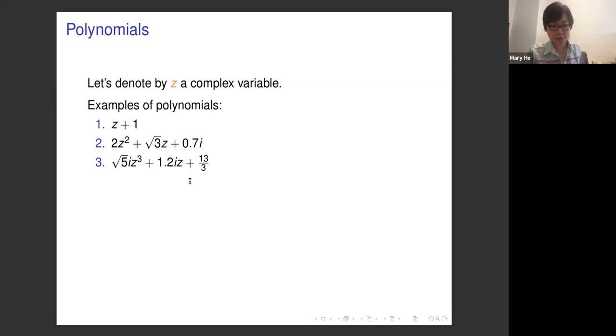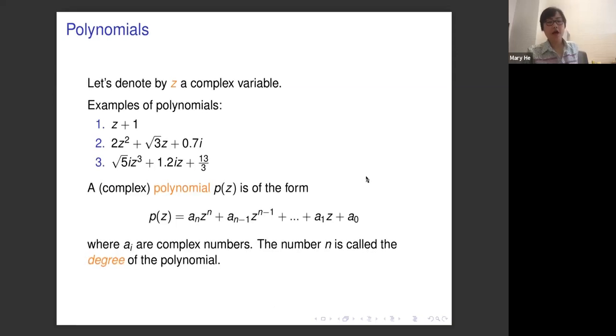and you can add some extra term. So in general, a complex polynomial, which I call P of z, is of the form that you have a complex number, a sub n, times z to the power of n, plus another complex number, a sub n minus 1, times z to the power of n minus 1, plus all the way down to some complex number a1 times z, plus another complex number a0.